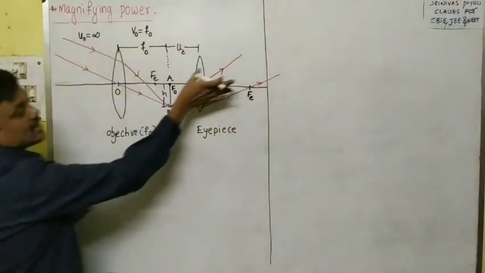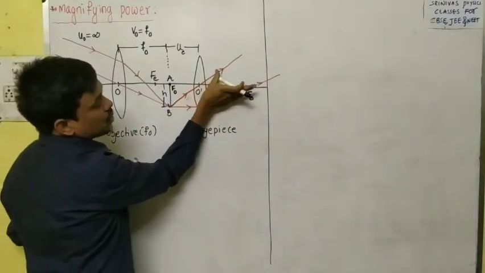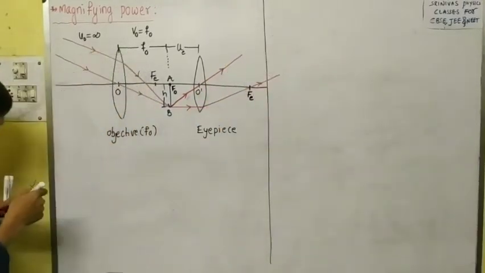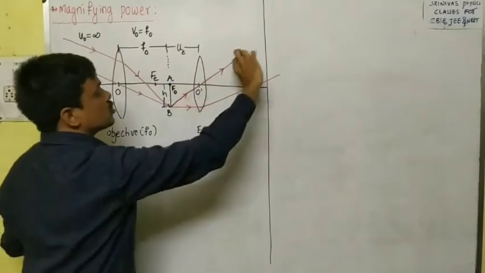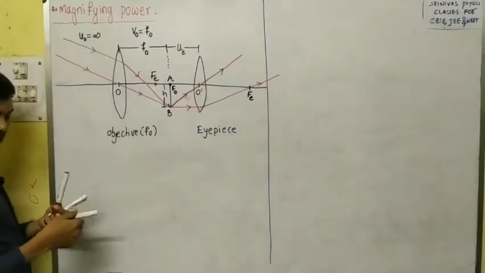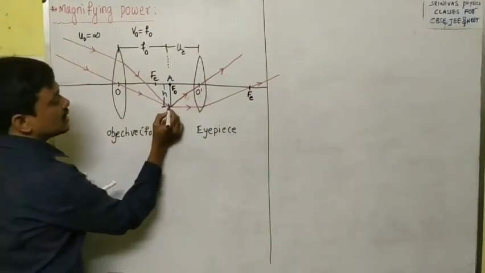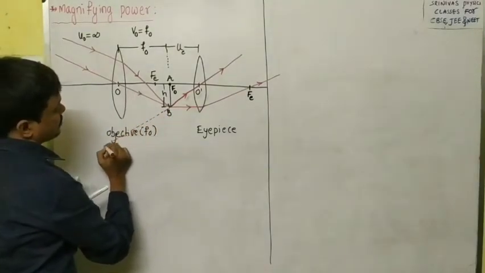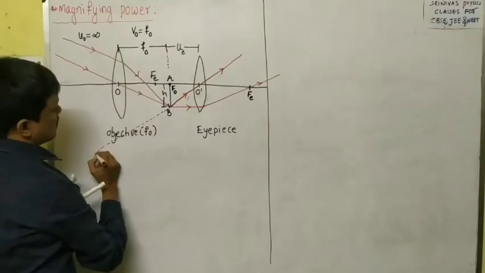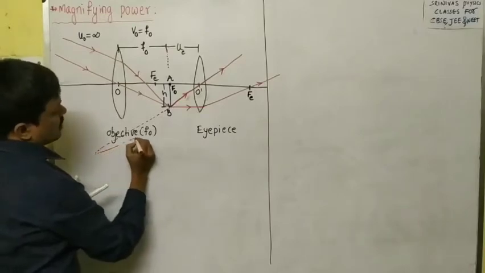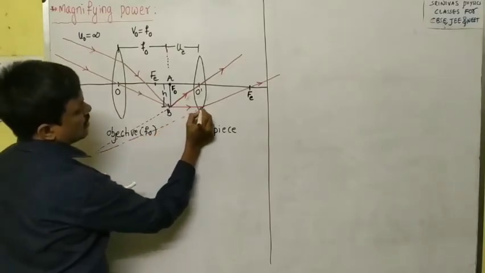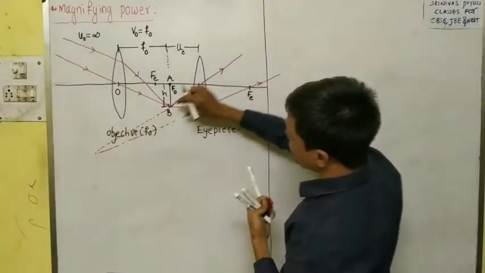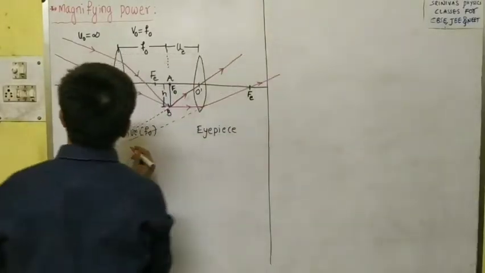And now on the right side the distance between the two light rays is increasing, that means they never meet on the right side, but these two light rays appear to be coming from a point on the left side. Then we can do the extension on the left side, going back like this. Right, like this we can do the extension. These two light rays appear to be coming from a point, and there the image will form.